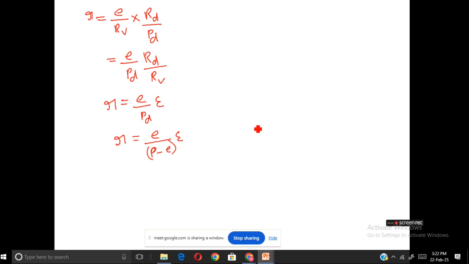We know what is the value of P. So R is 0.002 kilogram per kilogram, and pressure is given as, what was the value of pressure? Pressure is given as 1020 millibar, or hectopascal.